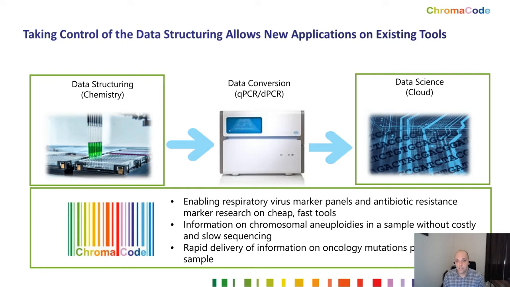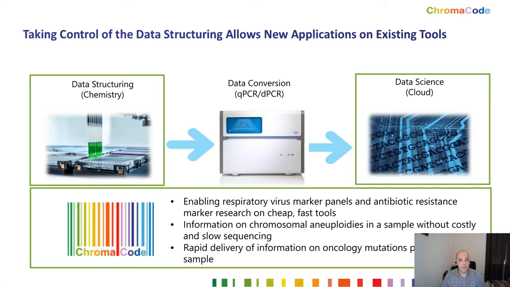The qPCR instrument converts that data into some digital signal that has an output, and those outputs we engineer to be distinct depending on what targets are present. And then we're able to do the science and the analysis in the cloud to do things, enabling respiratory virus marker panels, antibiotic marker research, information on chromosomal aneuploidies for not prenatal samples, and delivery of oncology mutations or information on those that are present in the sample very, very quickly.